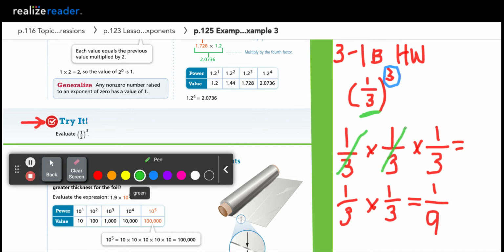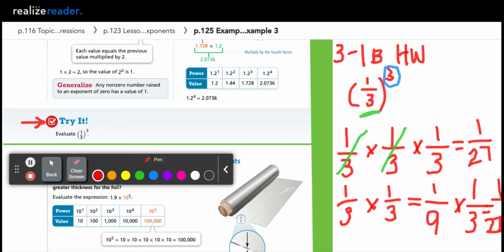Well, now let's bring down that next times 1/3. Again, we multiply the numerators, 1 times 1 is 1. Multiply the denominators, 9 times 3 is 27. And so our answer would be 1/27. So (1/3) to the third power is 1/27.